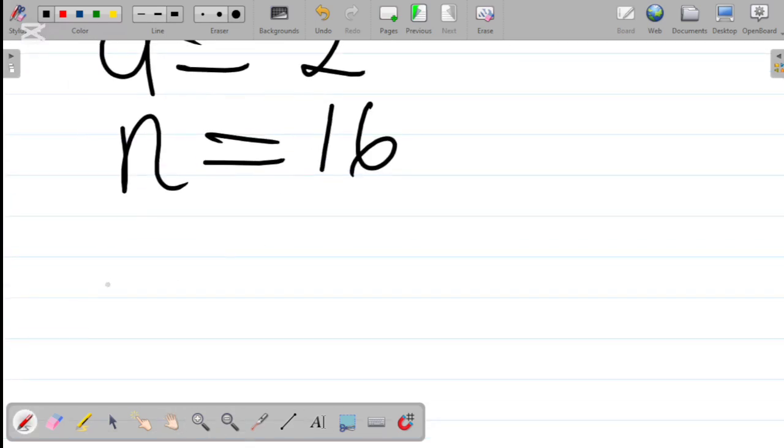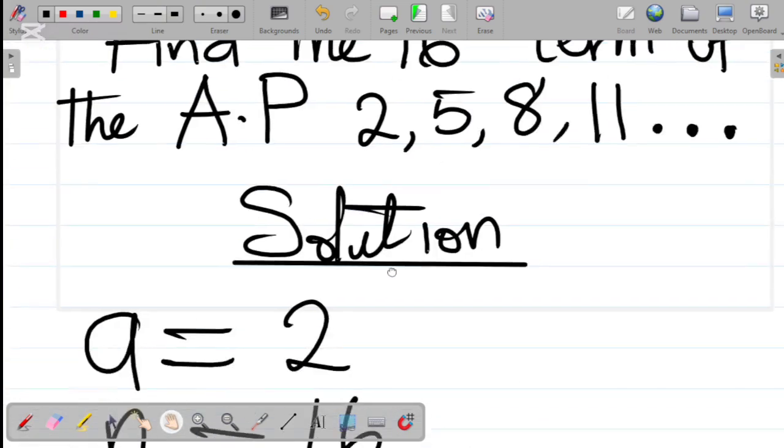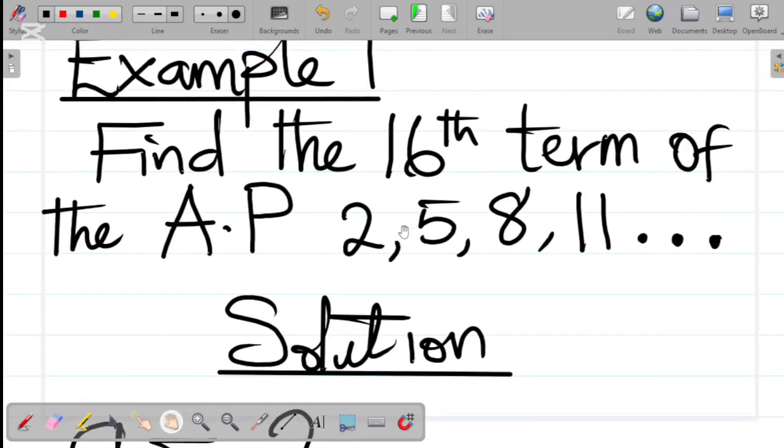All right, so let's find d. Remember that d is equal to T2 minus T1. D, which is the common difference, is equal to T2 minus T1 or T3 minus T2. So T2 here is 5, which is the second term, and T1 is 2, which is the first term.